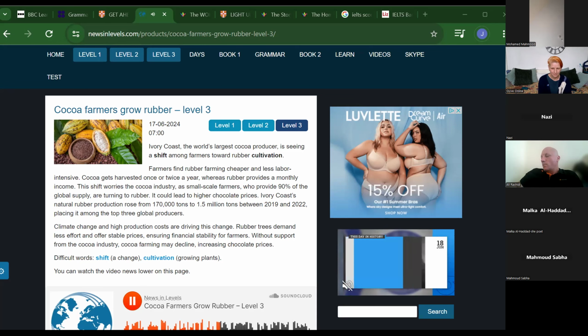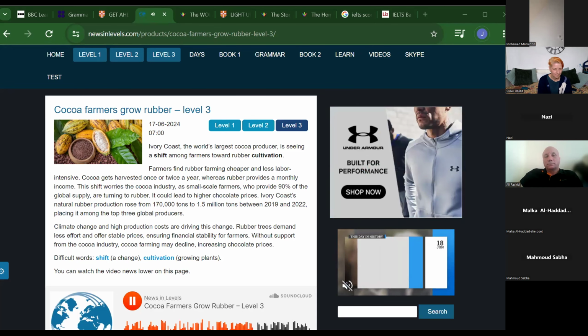Ivory Coast's natural rubber production rose from 170,000 tons to 1.5 million tons between 2019 and 2022, placing it among the top 3 global producers. Climate change and high production costs are driving this change. Rubber trees demand less effort and offer stable prices, ensuring financial stability for farmers. Without support from the cocoa industry, cocoa farming may decline, increasing chocolate prices.